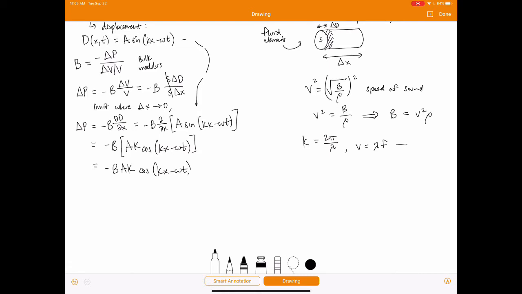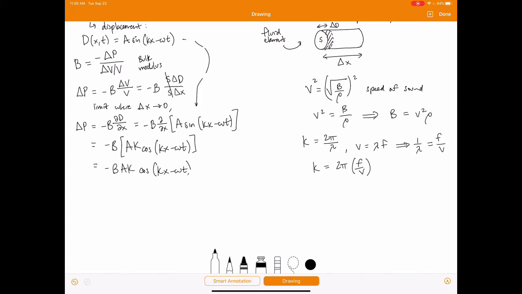So this tells us that 1 over lambda is equal to f divided by v. So k, therefore, is going to be 2 pi times 1 over lambda, which is f divided by v.